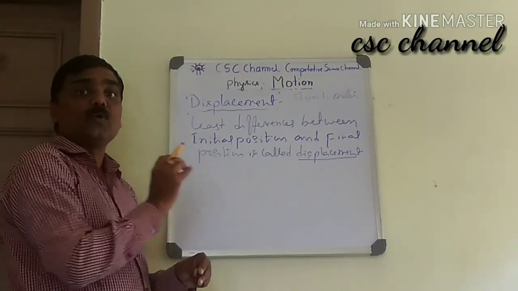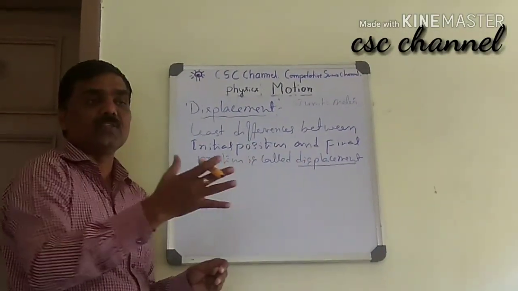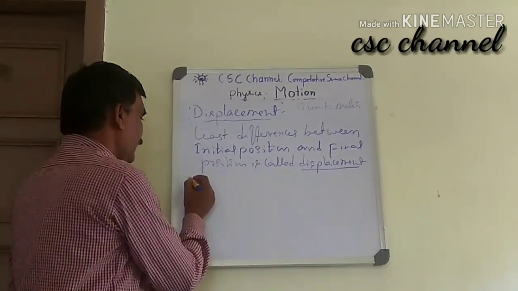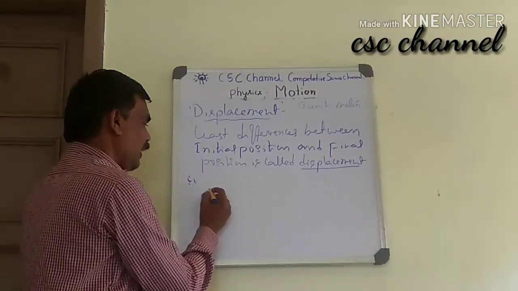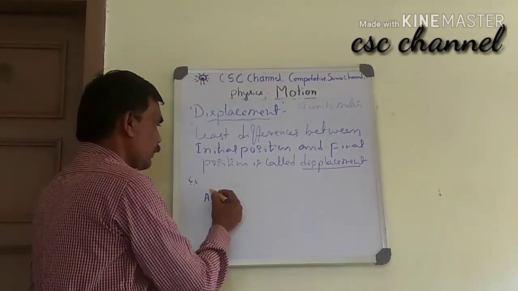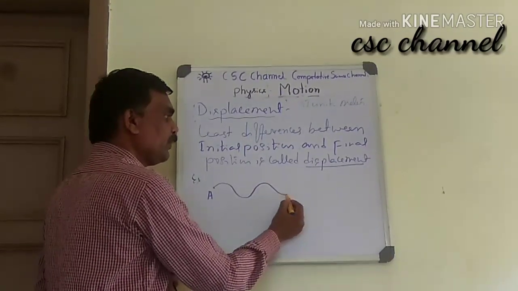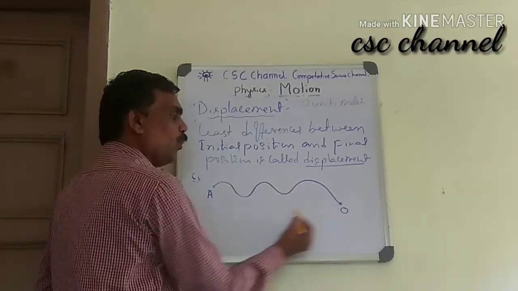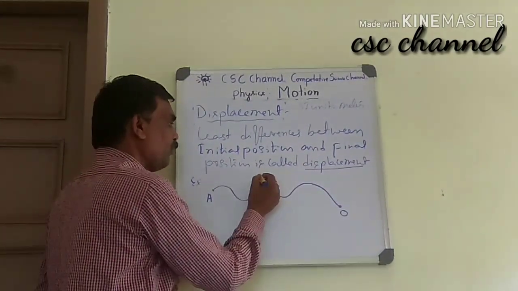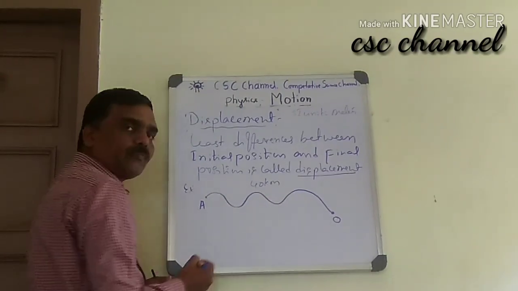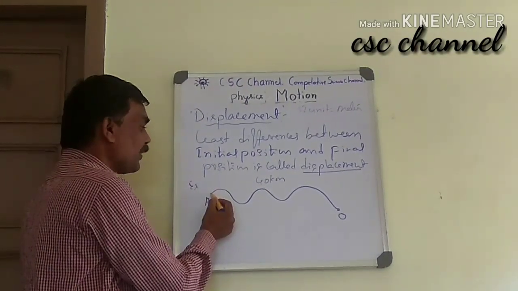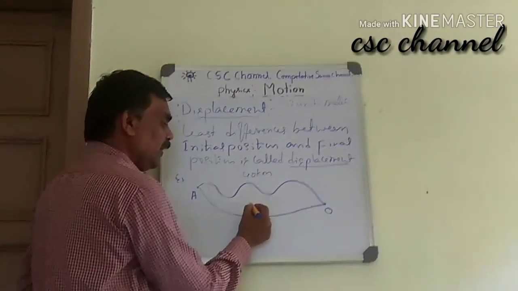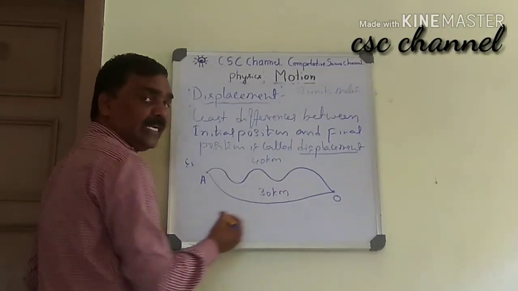There are questions in competitive examinations about displacement and distance traveled. For example, if person A moves to a particular point O in a distance of 40 km, person B moves to the same point in a distance maybe of 30 kilometer.